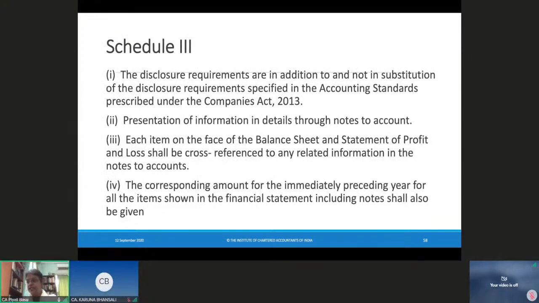Suppose certain things have happened where the accounts were not prepared in a prudent manner, it still cannot go back to a period longer than 8 years. So that needs to be considered.